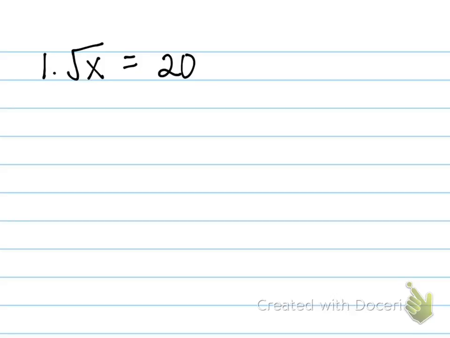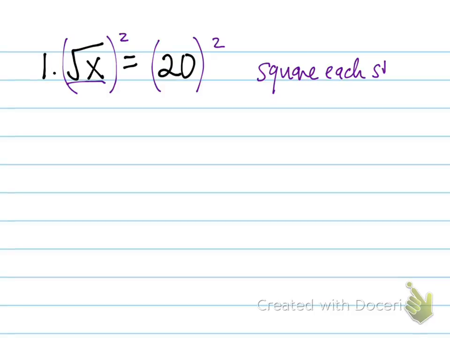The radical is isolated already because I have this stuff over here, square root of x. If I were to raise it to the appropriate power, that would mean that I want to square each side, because whatever I do to the left, I also want to do to the right.